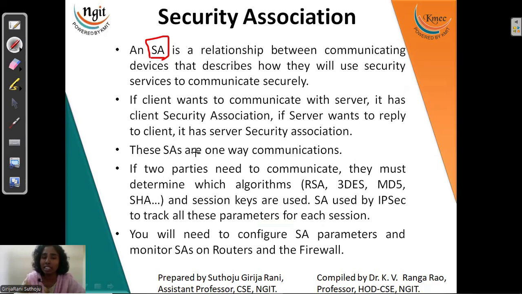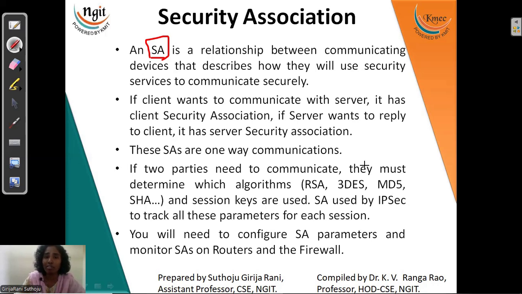If I am communicating from client to server, immediately that particular SA will be activated, and this SA will be a one-time, one-way communication. Now, when the server wants to communicate in reverse, I mean the acknowledgement to the client, it must generate one SA from server to client in the reverse order. Even though we say reverse order, that is also one way.